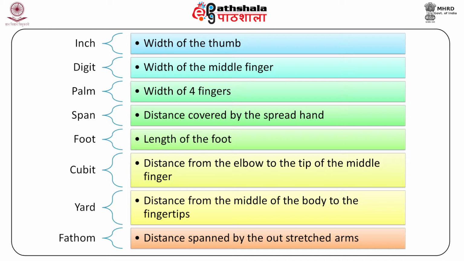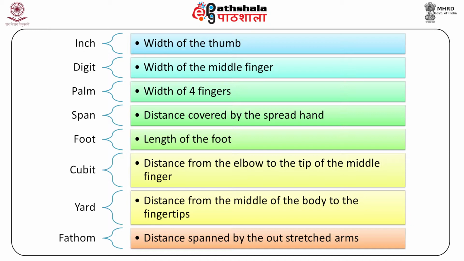Next is foot, the length of the foot, later expressed as the length of 36 barley corns taken from the middle of the ear, which is about 12 inches. Next is cubit. It is the distance from the elbow to the tip of the middle finger, which is about 18 inches.